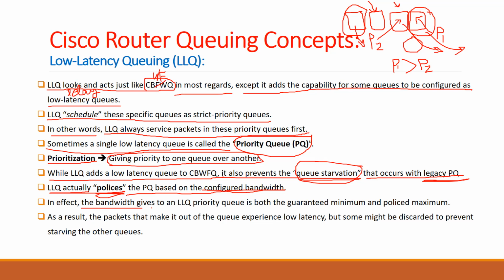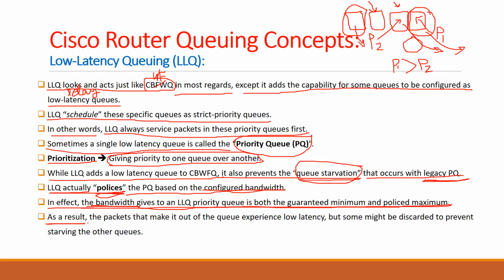The bandwidth given to an LLQ priority queue is both a guaranteed minimum and a policed maximum. Policing means that we determine a specific level or rate for a specific queue.